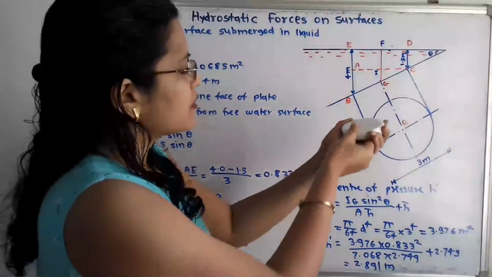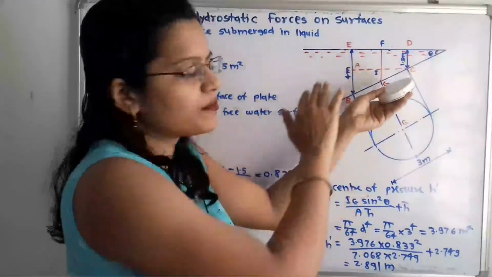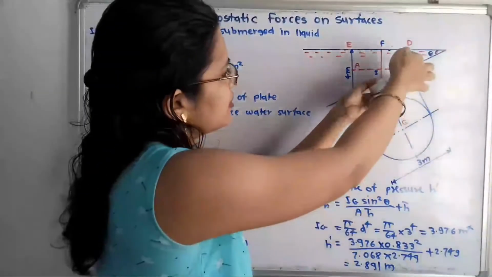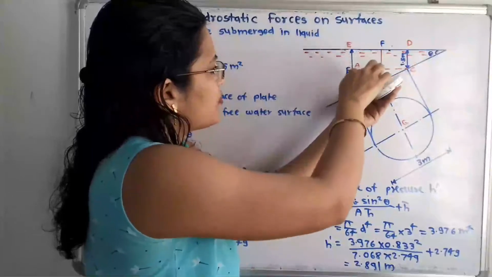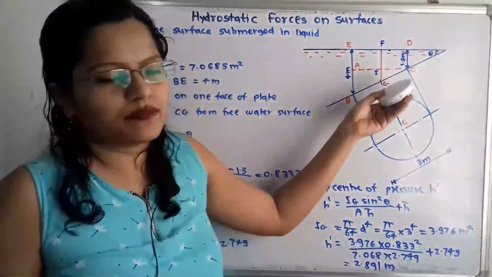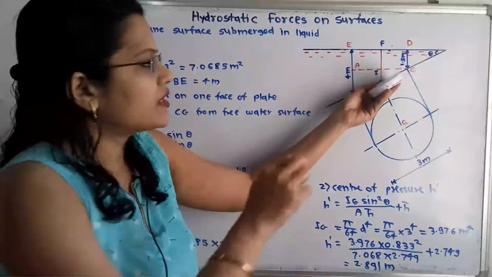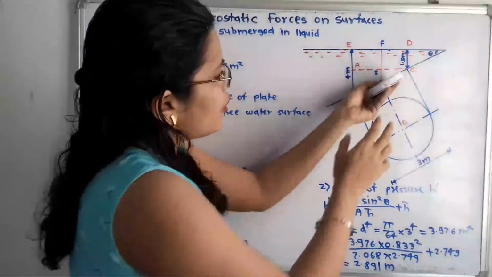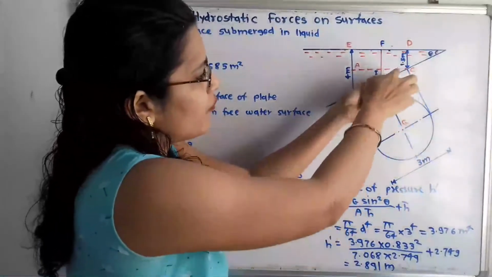Now if this plane of the circular plate is inclined in this way, then here will be the least depth, and here at the bottom there is the greatest depth, because this plate is inclined. If we observe this plate from the front, we can see it in the form of an edge.